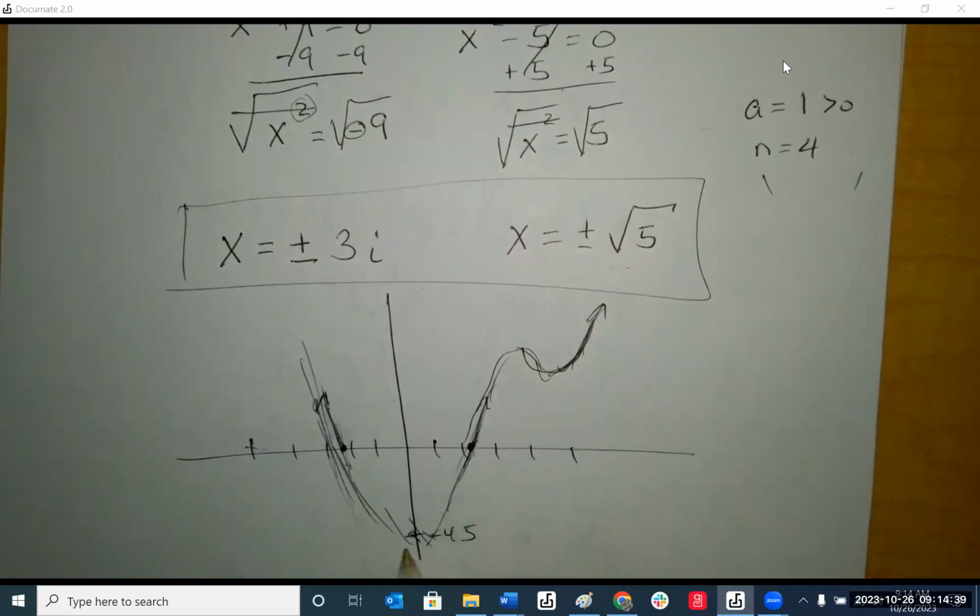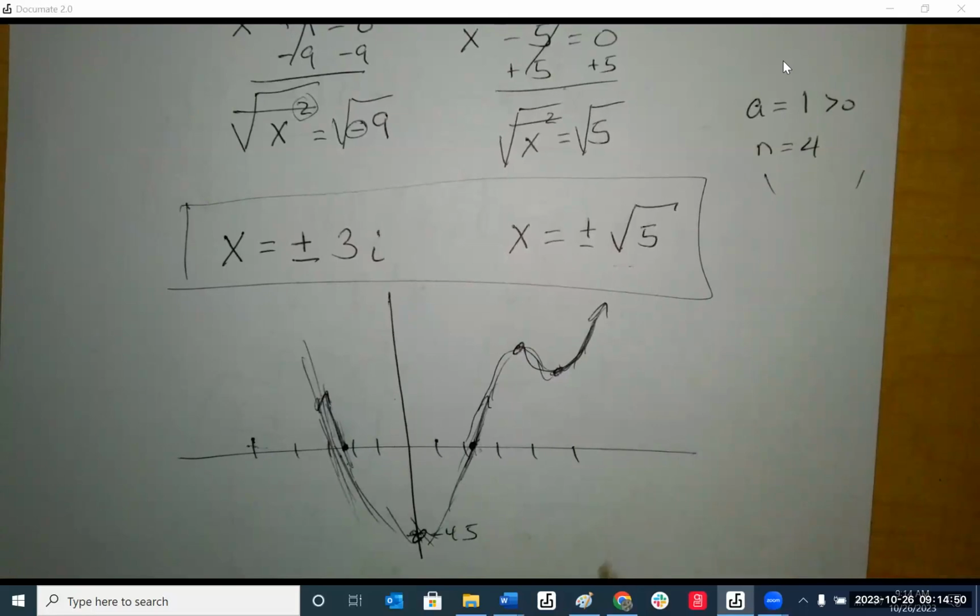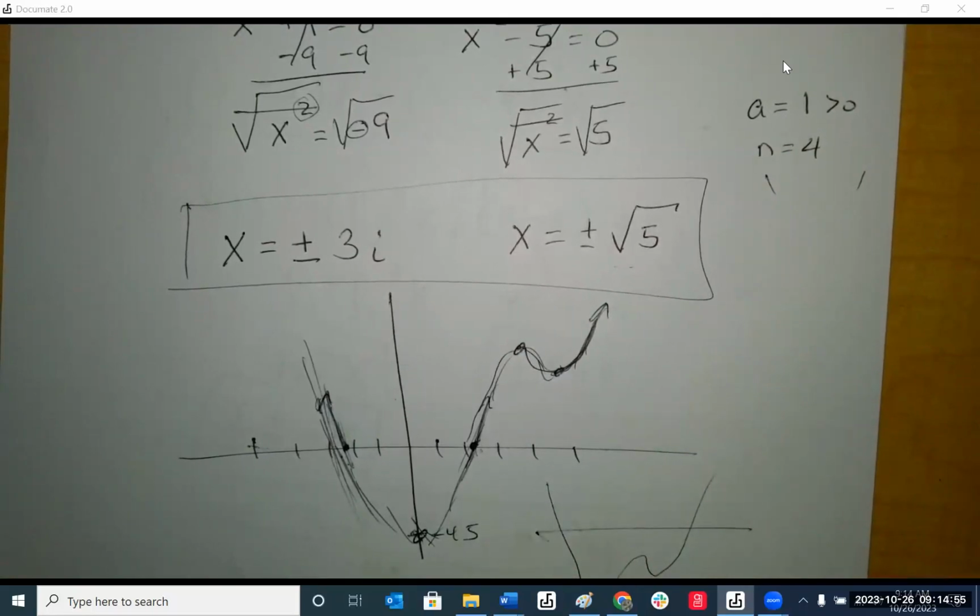Because remember, it's supposed to have 3 vertices, but we only have 2 x-intercepts. So that means that the next bend will happen off the x-axis. It could be up here, it could be down here, it could be anywhere. We have to find points. And that's what we're going to do. We'll figure out a better graph of this one in the very near future.